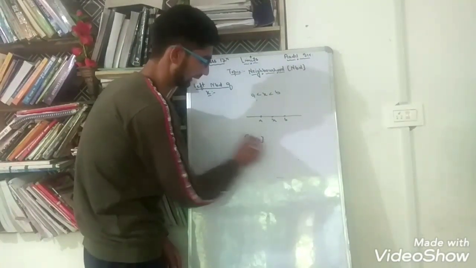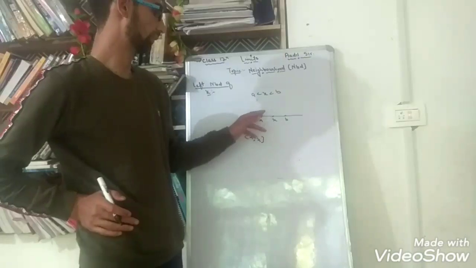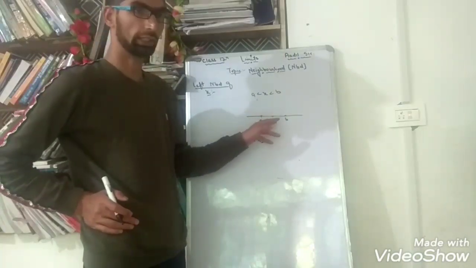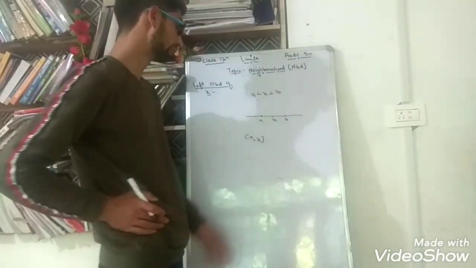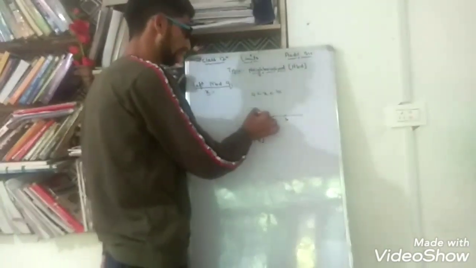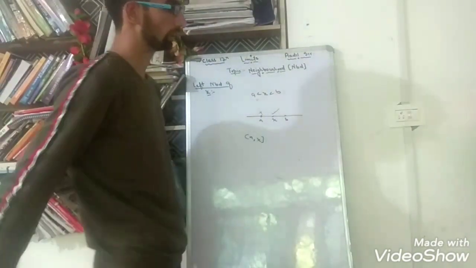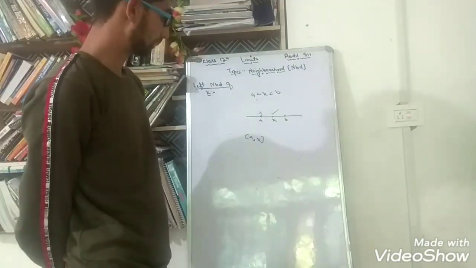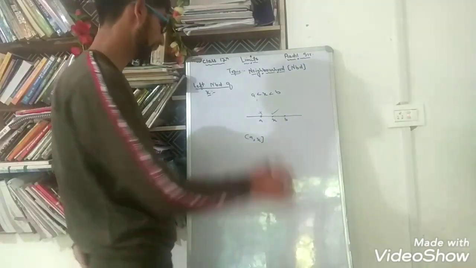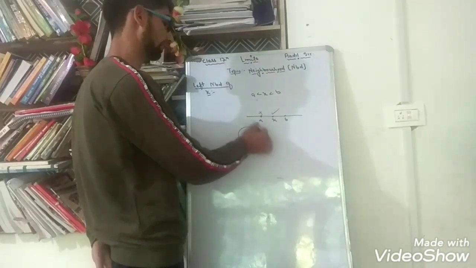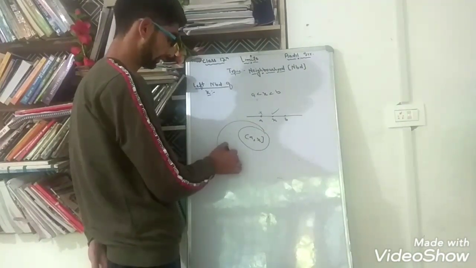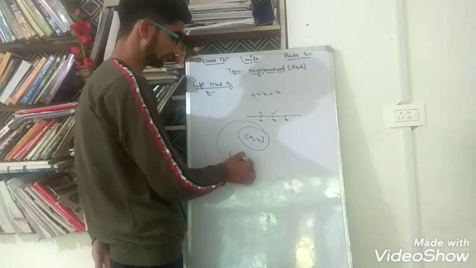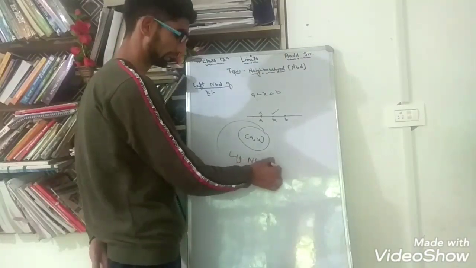If we take an interval from this a to x, but in that interval we will exclude this a, but x we will include in that set. At that time, we call this very interval the left neighborhood of x.